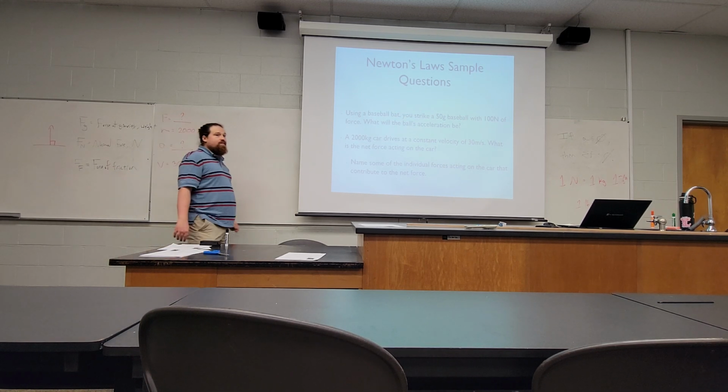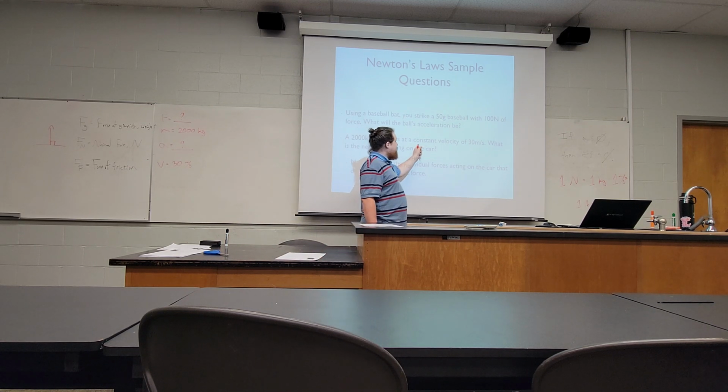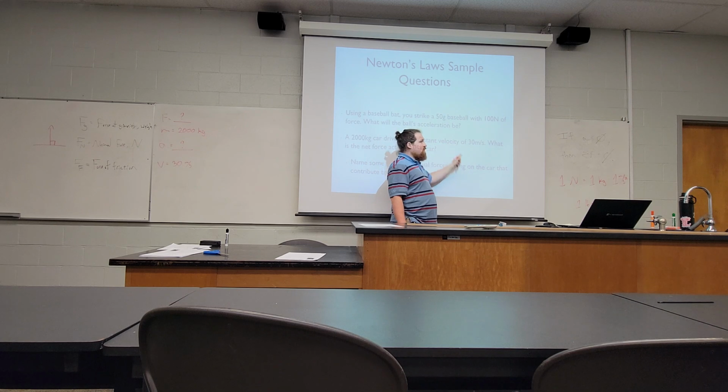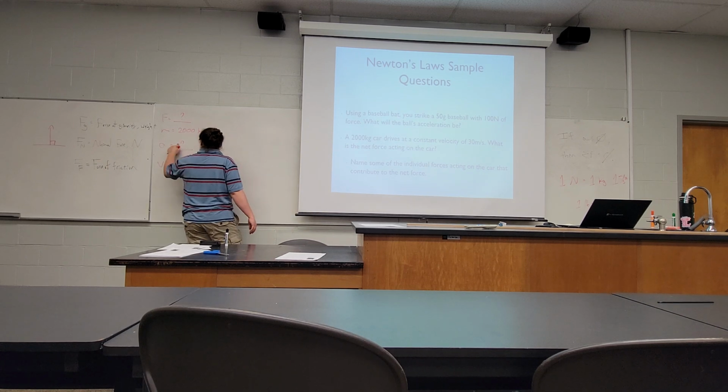Since it's constant, wouldn't the acceleration be zero? Correct. So the force would be zero? Yeah. Constant velocity means acceleration of 0. So velocity is 30. The acceleration is 0 because of that word constant.